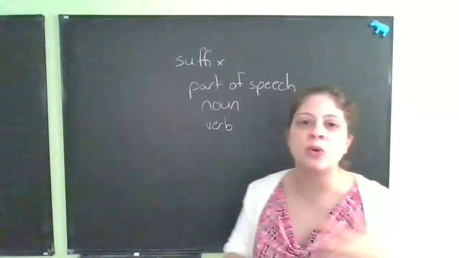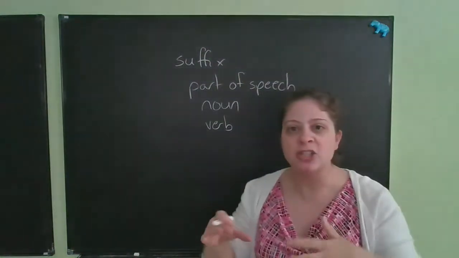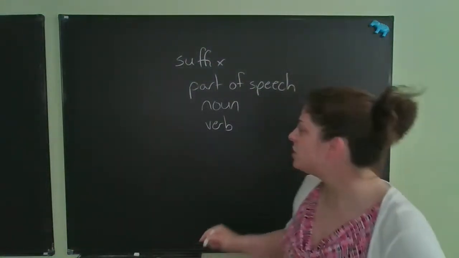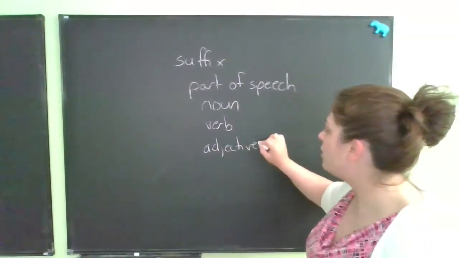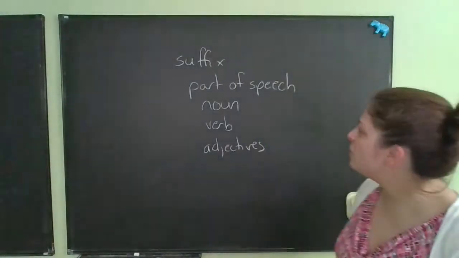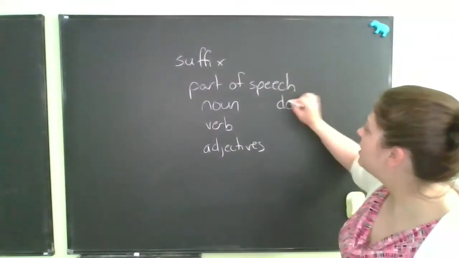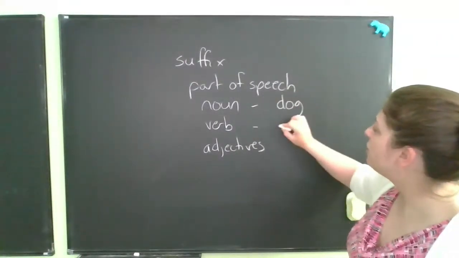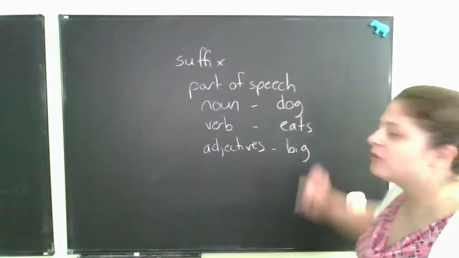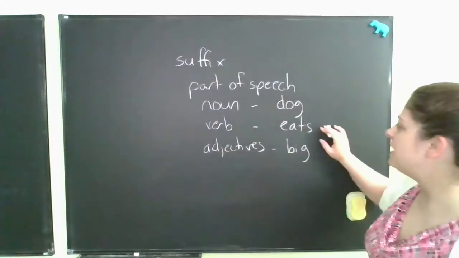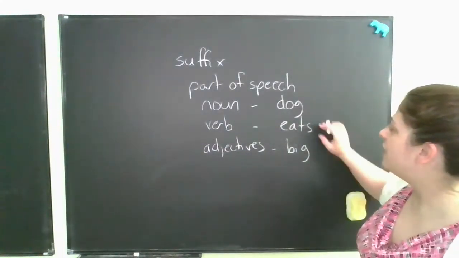A verb is a word that describes an action or a state of being or change. You have adjectives. Adjectives describe a quality of a noun, right? So a noun is something like dog, a verb is something like eats, and an adjective is something like big. So in a sentence like the big dog eats, you have an adjective, a noun, and a verb.